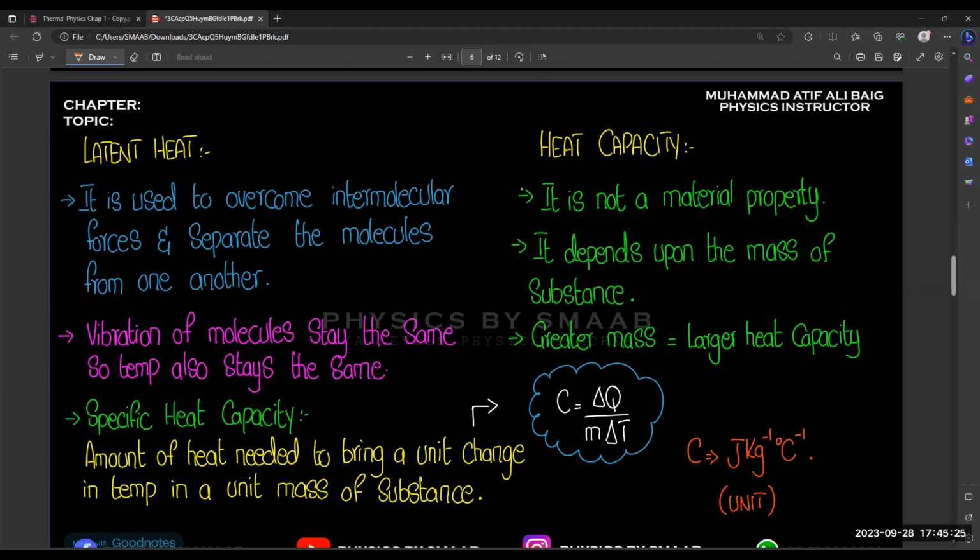Sir, I have a question. According to the formula, aren't mass and the heat capacity inversely proportional? Like, if mass increases, then the heat capacity will decrease. Yes, that's why we are writing that greater mass requires larger heat capacity, right?